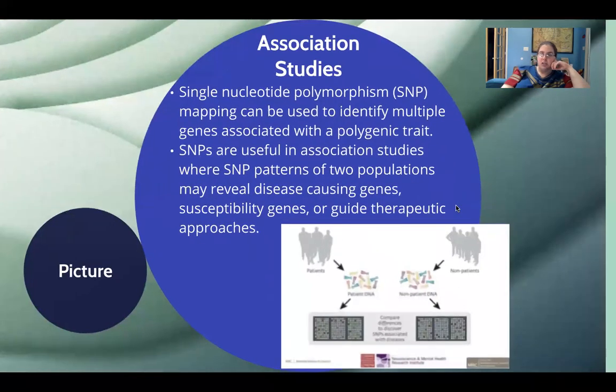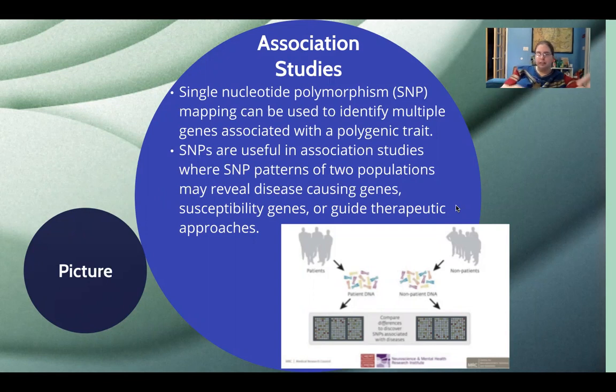Then we have something called association studies. And these look at SNPs. Remember those? We've mentioned them how many times at this point? So single nucleotide polymorphism mapping, or SNP mapping, can be used to identify multiple genes associated with a polygenic trait.